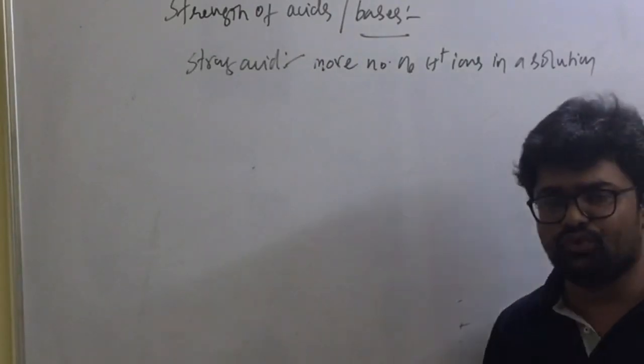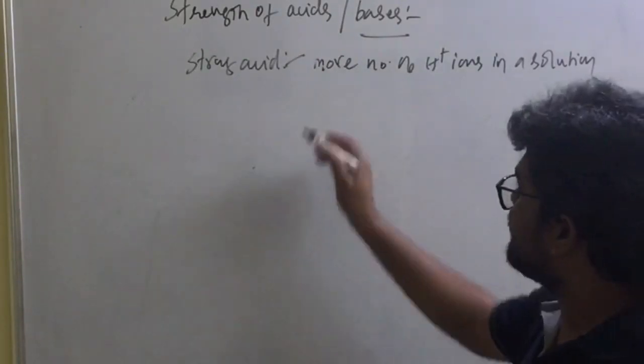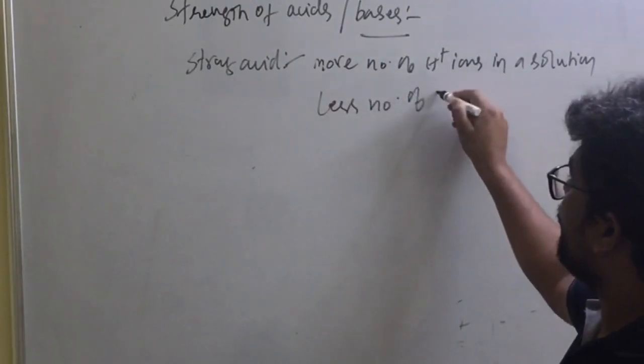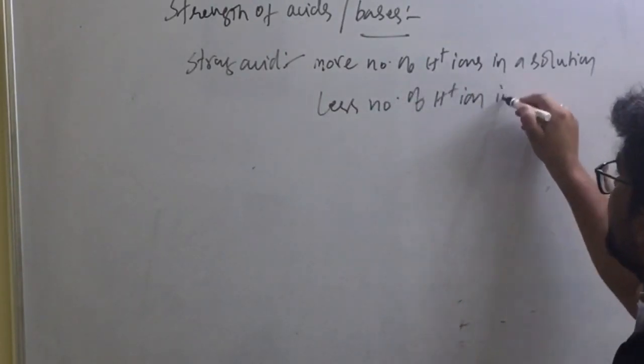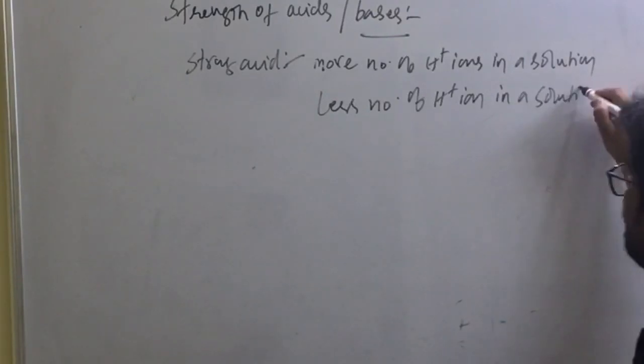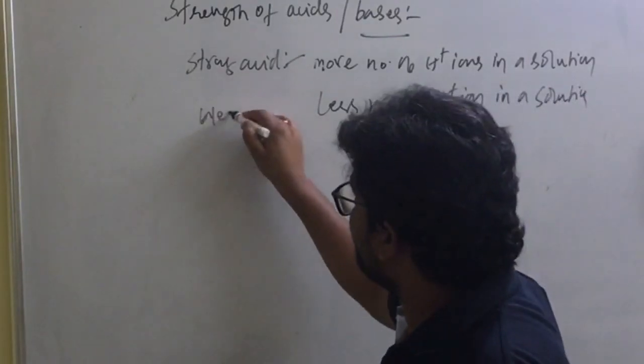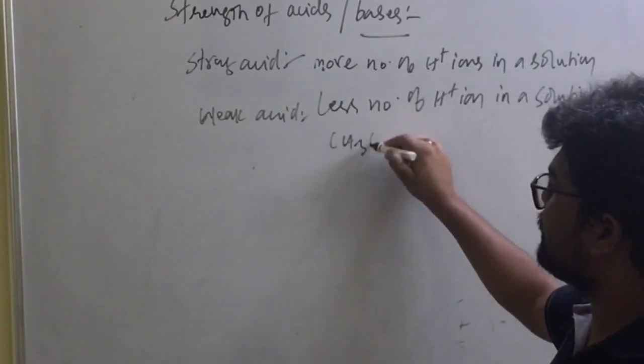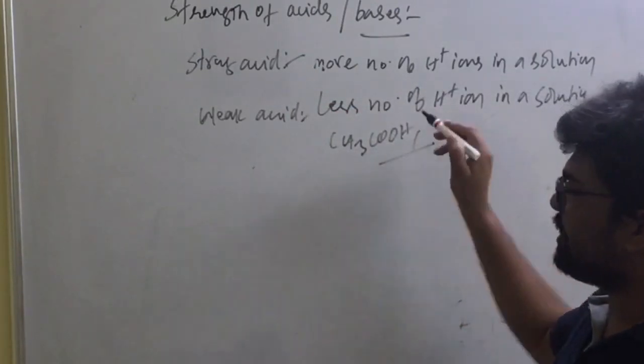HCl, H2SO4, HNO3, all these are strong acids. Less number of H plus ions in a solution, we call it a weak acid. Example, acetic acid, CH3COOH. It's a weak acid.